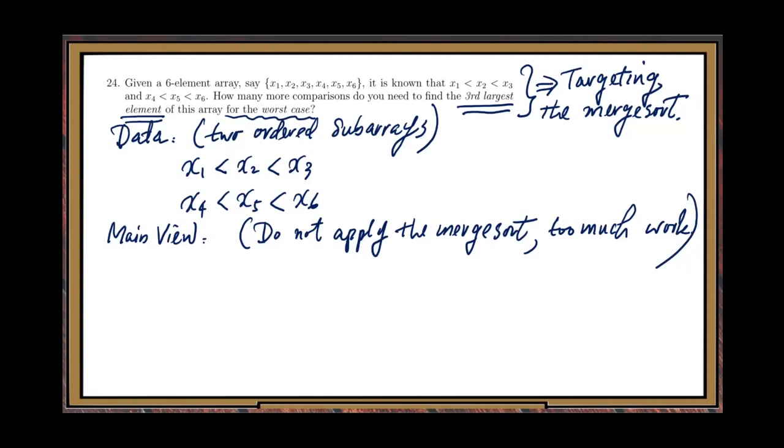But we can see something related to the merge sort. First, the data here is 2 ordered subarrays.